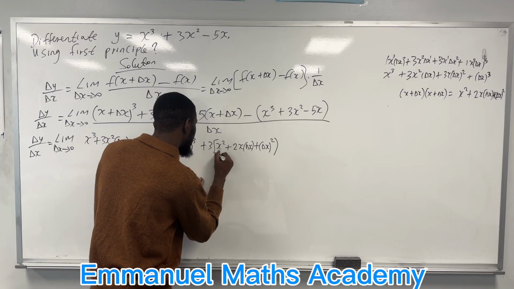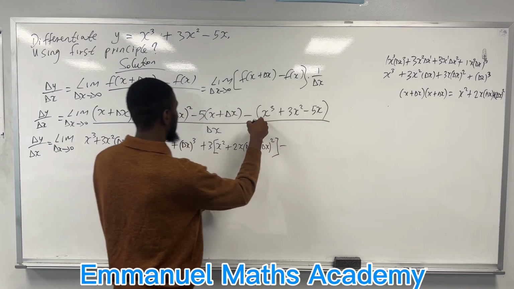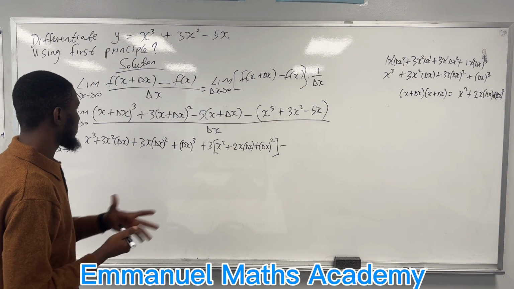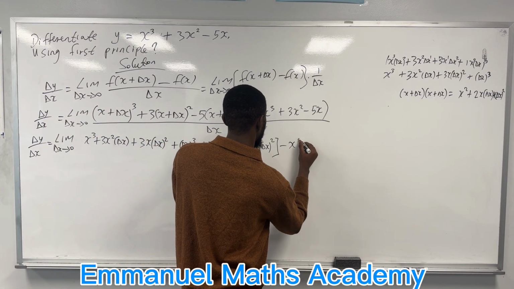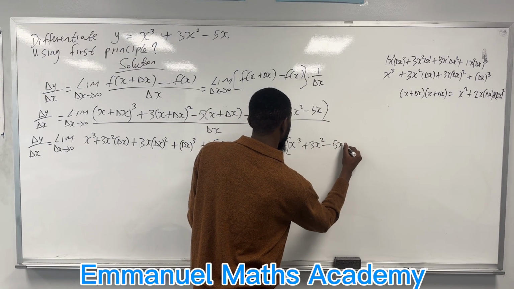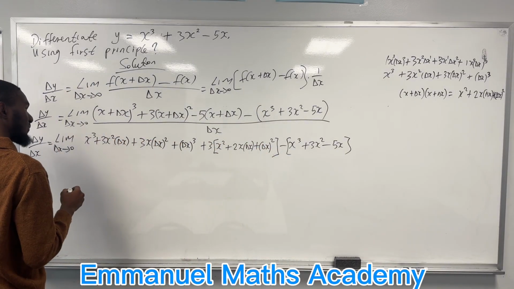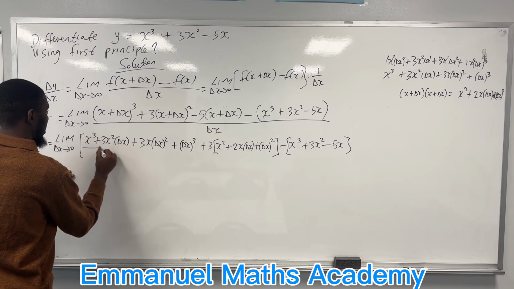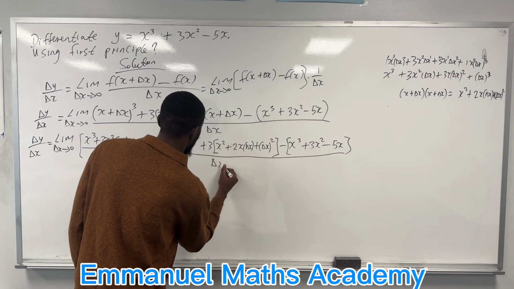Let me separate it with this big bracket. Here we have minus this, minus x power 3 plus 3x squared minus 5x. Alright? So all this is over delta x here.